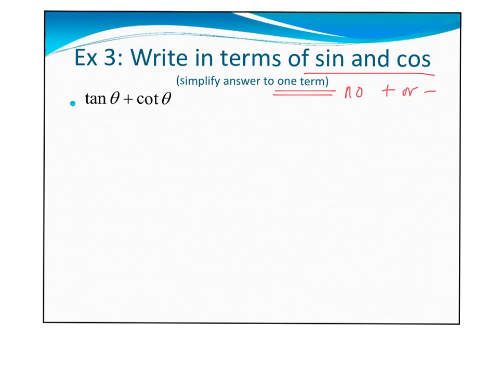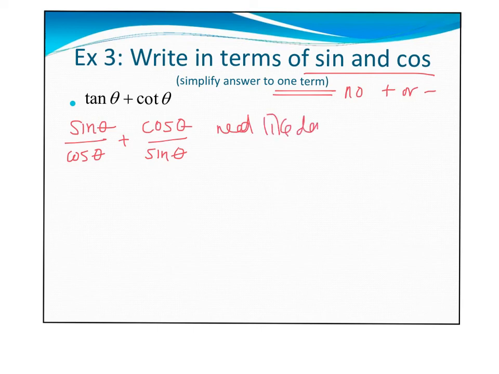Alright, so first let's start by rewriting with our quotient identities. I can say that tan theta is equal to sine theta over cosine theta, and that cotangent theta is equal to cosine theta over sine theta. Now from here, in order to add fractions, we need to have like denominators.